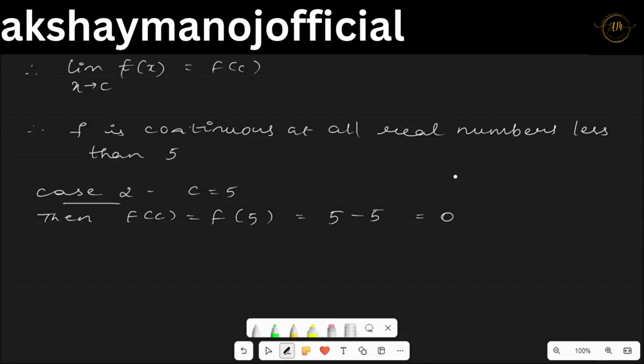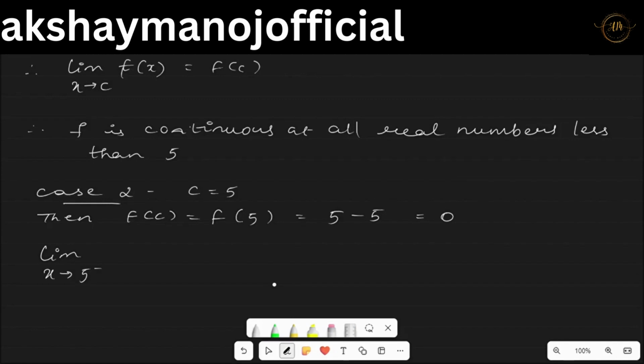Then what we have, we have 2 options over here, LHL and RHL, right?